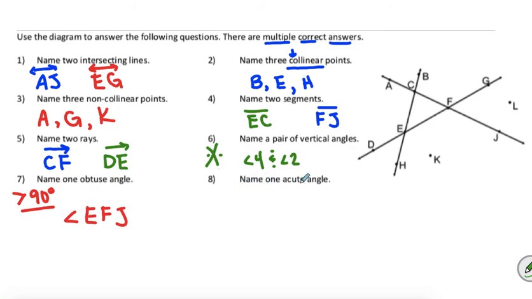And the last one, name an acute angle. So an acute angle is less than 90 degrees. So now we're looking for a smaller angle. I'm going to set up my angle symbol here, and maybe I use this angle right at the top, ACB. This angle appears to be less than 90 degrees.